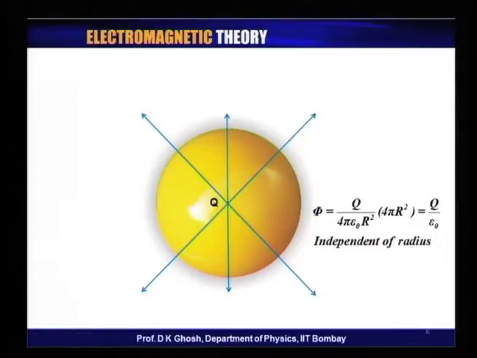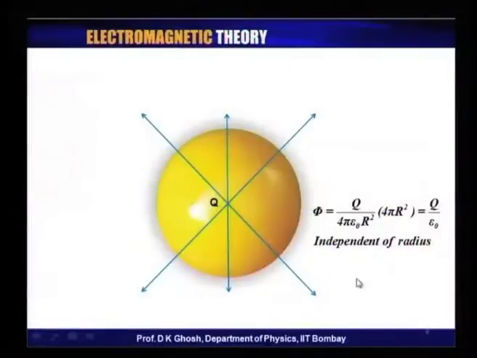Now, since the direction of the electric field and the direction of normal to the surface are parallel, the flux E dot ds is nothing but E times ds, and when I integrate, remember that electric field strength is the same at all points on the surface of the sphere, namely it is equal to 1 over 4 pi epsilon 0 q by r square.